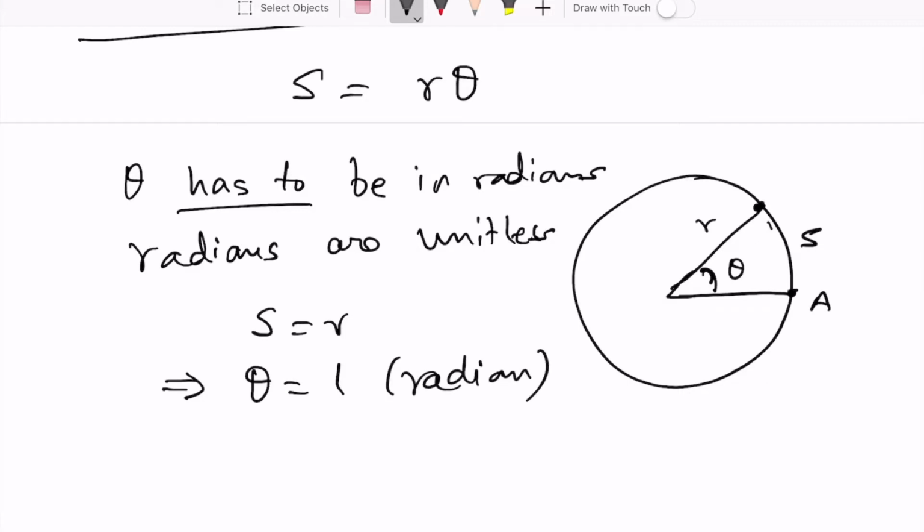And that is pretty much the definition of a radian. A radian is the angle subtended by an arc which is equal in length to the radius of the circle.